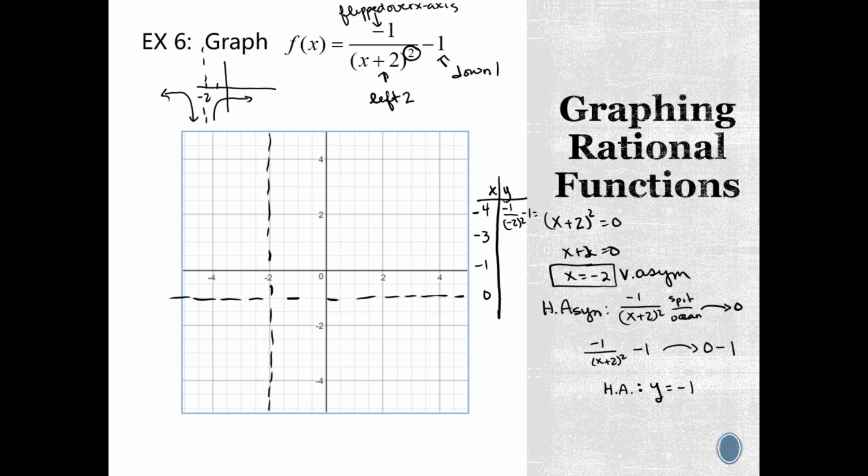So when I'm done with that, that's going to get me -1/4 minus 1, so that's -5/4. So that is going to be right about here. Okay, if I plug in the -3, I get -1 minus 1, so that's going to be at -2.